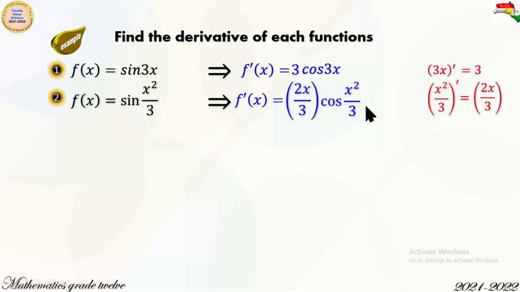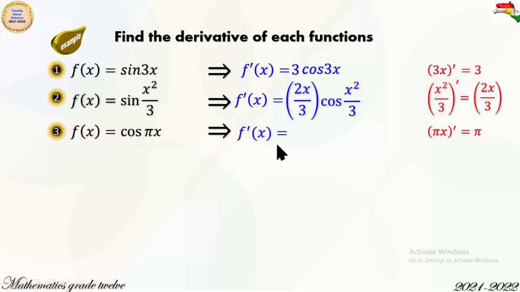Write the angle without changing. Third, f of x is cosine pi x. You have the angle here, pi x, the derivative of it is pi. Then f prime of x, write pi. Then the derivative of cosine is minus sine pi x.